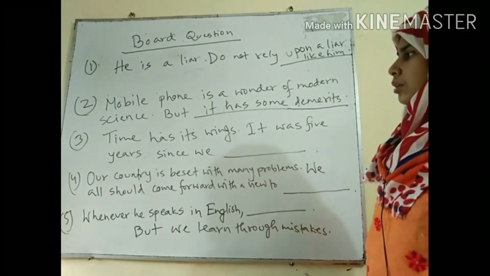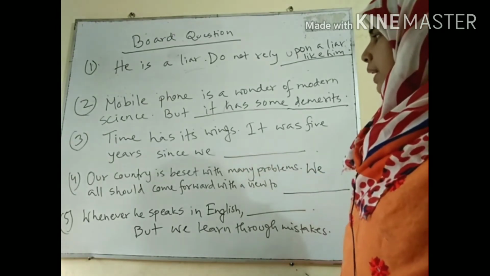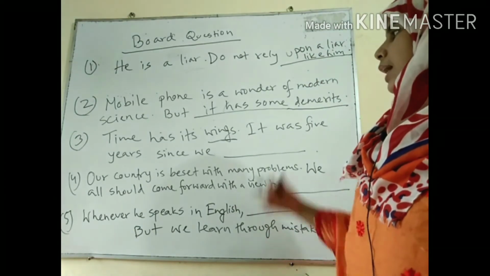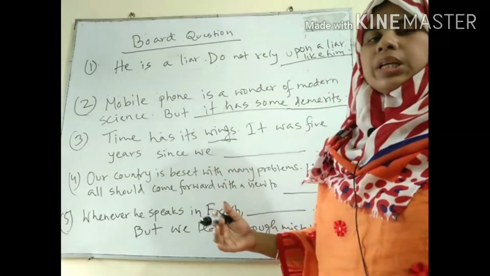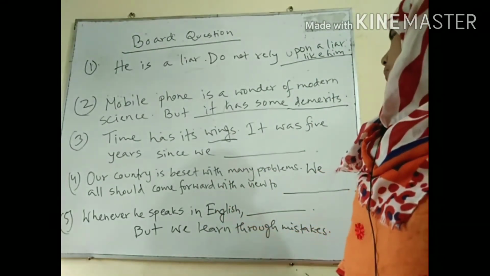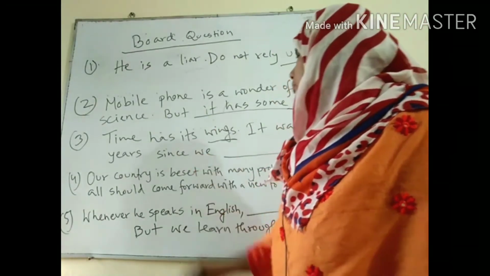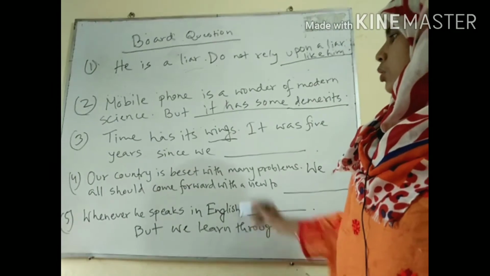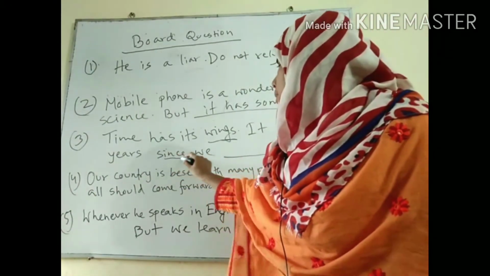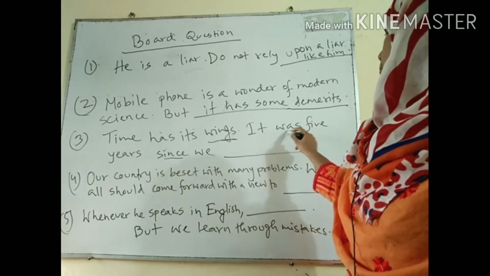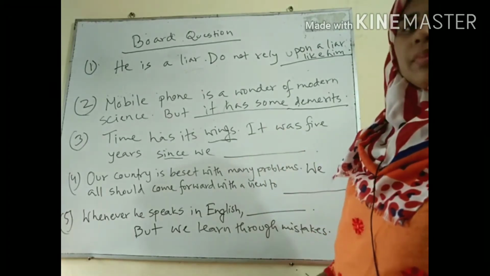Then 3, time has its wings. Wings means pakha. Time has its wings, that means time flies very fast. It was 5 years since we. So before since we have a sentence of past indefinite.